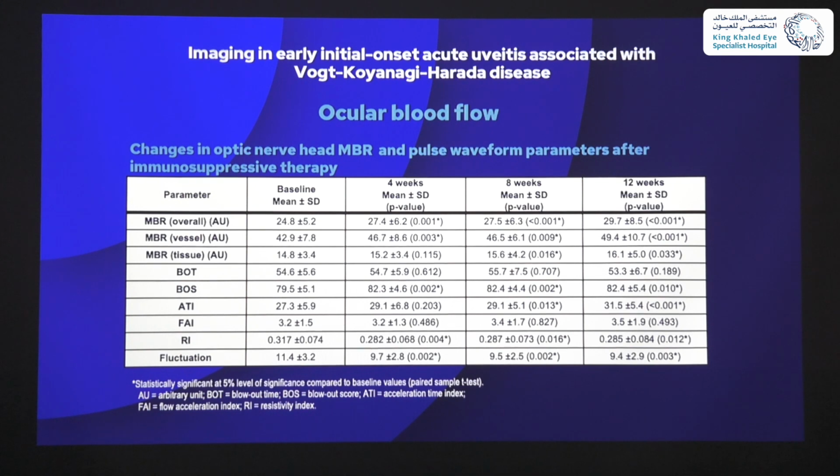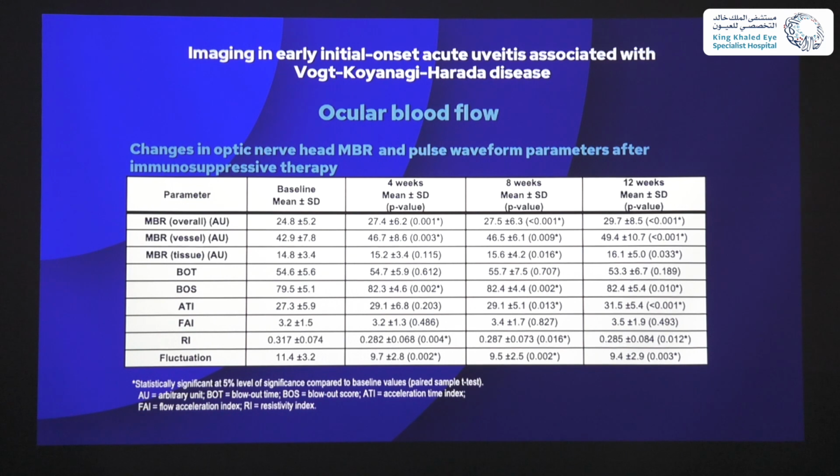And we attributed the decrease in the blood flow in the optic nerve to swelling of the optic nerve at the time of presentation. Exactly, this has been shown, but using other modalities, in patients with papilledema. The blood flow will decrease in the optic nerve.